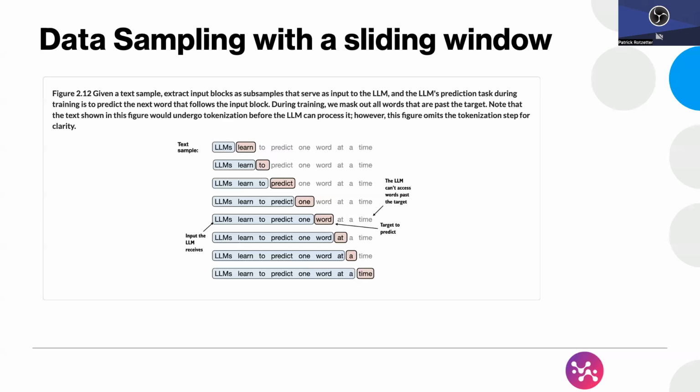You can say one word, or you can try to predict more than one word. So this is the principle for data sampling. You take samples from your input text, and you define a sliding window because you want to predict the next word, or the next two words, or the next four words, for example.